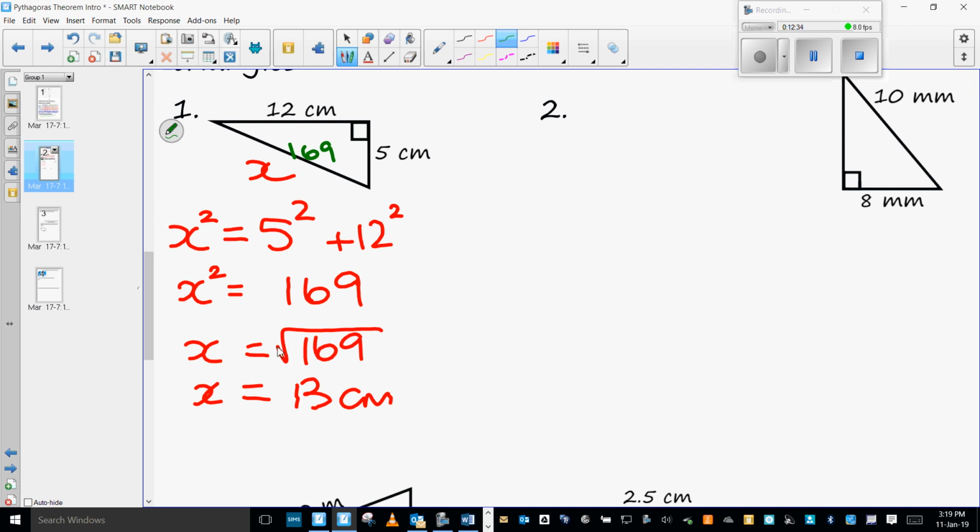No. This can't be 12, and this 5, and this 169. That's just ridiculous. So what I want you to make sure you're doing in your tests is to think, well, hang on a minute, that doesn't look right. What am I supposed to do? I remember I square root it. So that will hopefully mean that you will avoid making any careless mistakes.